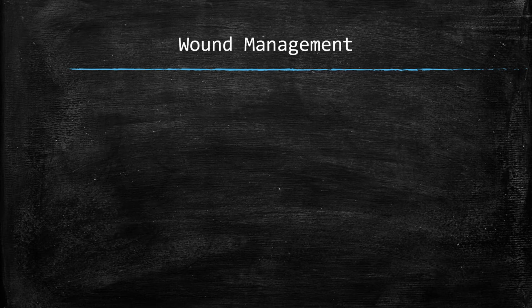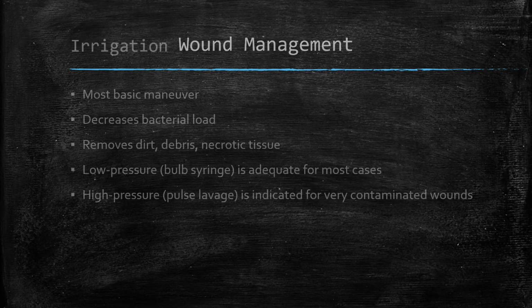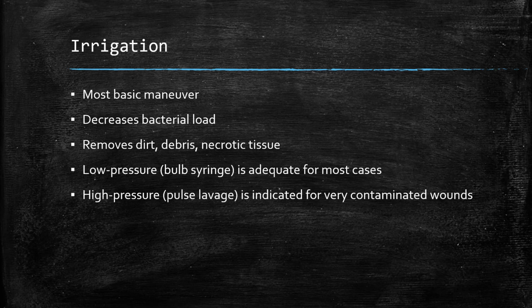Surgeons are considered the experts in wound management, and we are consulted to see a variety of patients with open and non-healing wounds. And so we'll finish this talk by discussing the basic principles of wound management. The most basic thing you can do to an open wound is wash it out.